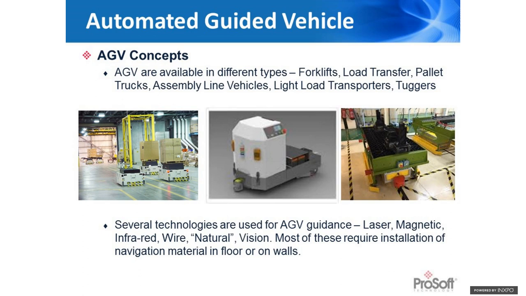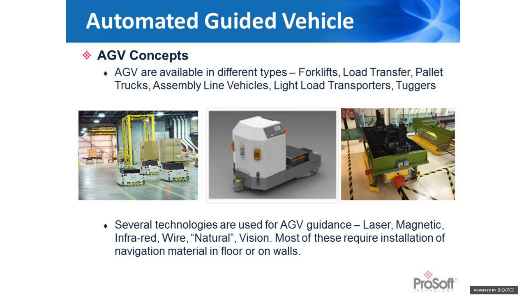Another key part of the automated guided vehicle is how the vehicle knows where it's going. The guidance systems can be laser guided. These have essentially rotating laser beacons on top of the vehicle, and these lasers will bounce off fixed reflectors at various points throughout the plant and use triangulation of the laser signal to know where they are.